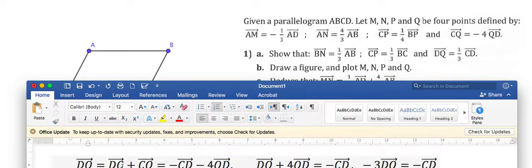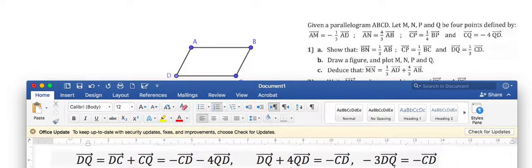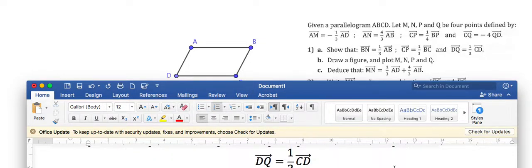That's why I wrote DC equal minus CD. And I used the given, I replaced CQ by minus 4QD. Similarly, separate: DQ plus 4QD equal minus CD. Reduce, we get DQ equal a third CD. So part A is proved.